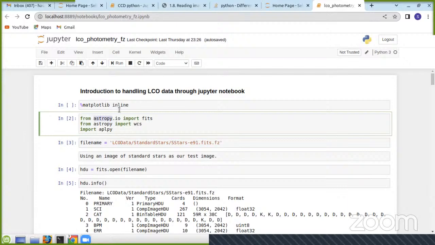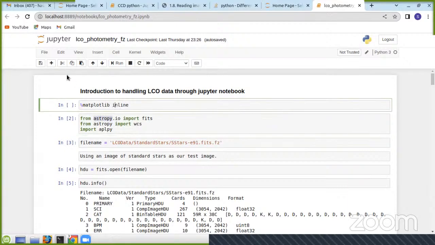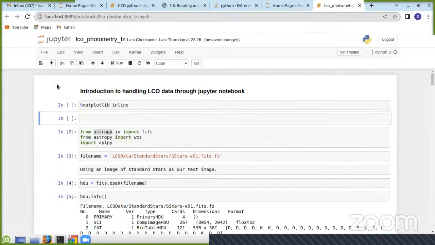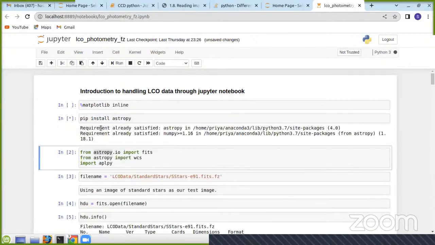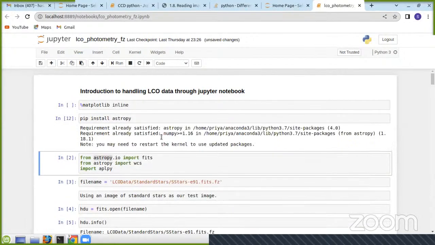And once it is done, I'll create another block here and show you how you do it. You just say pip install AstroPy. In my case, I already have it, and you have to shift and enter. Here you will see that requirement is already satisfied.